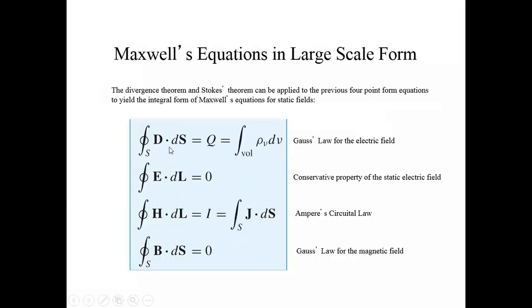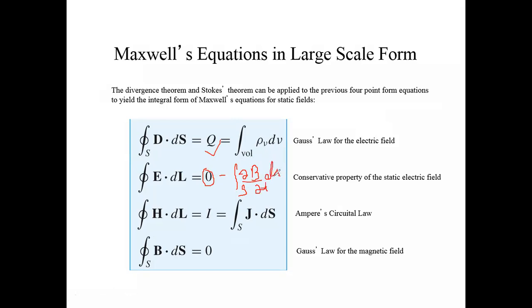So in integral form, D dot dS is Q. No change will be here. What change will be here? The right side will be minus the surface integral of del B upon del t dot dS.